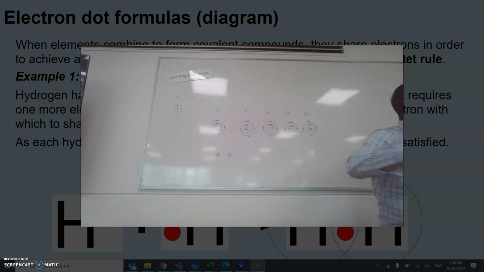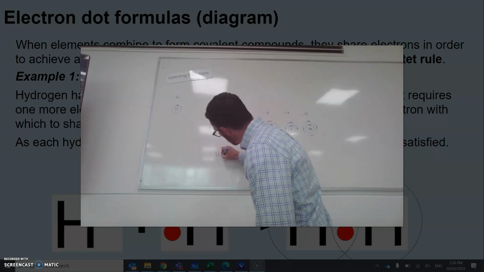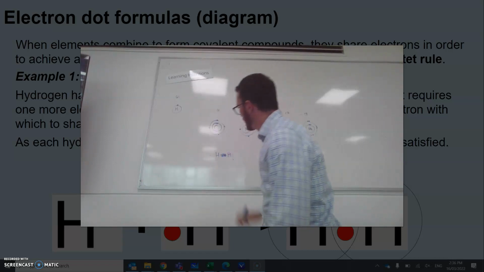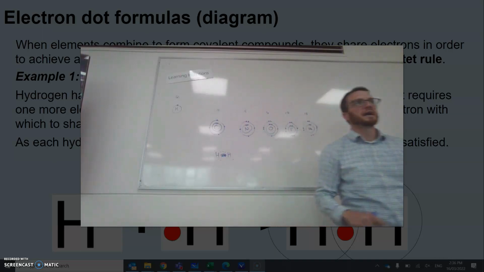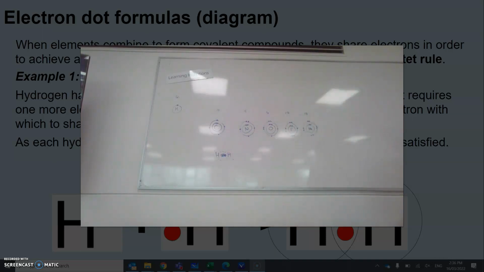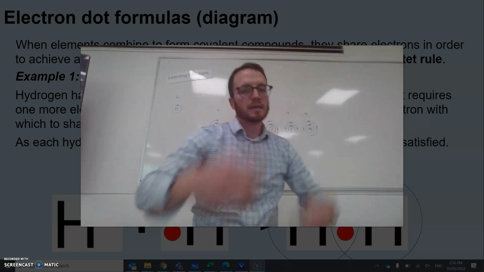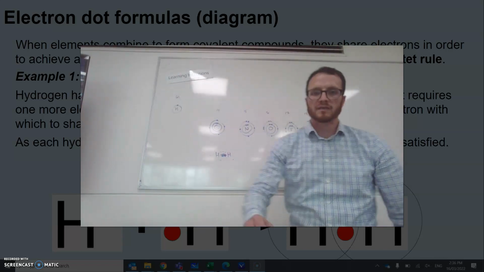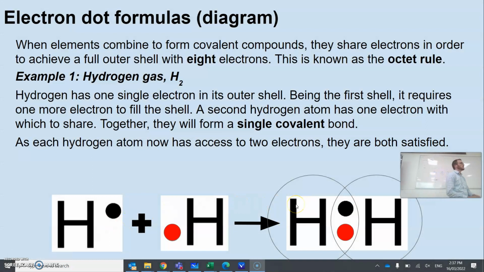If I keep taking more and more photographs, what we start to find is that the majority of the time, the electrons will occupy that space there, right? And so we can think about electrons as being a density of where approximately they're going to occur. So we simplify that down to as displayed in the presentation here. 2 electrons shared between the 2 atoms. Okay?